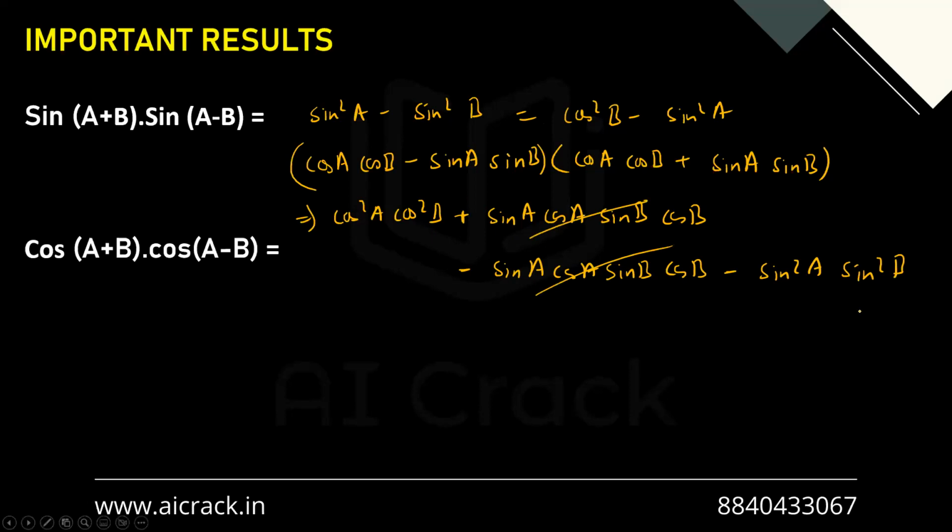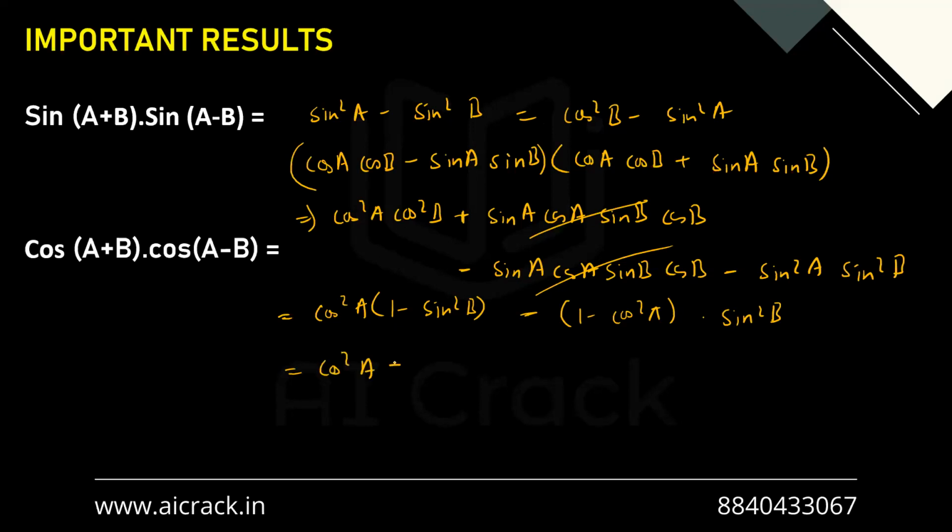So again this middle term gets cancelled out. Now we are left with cos square A cos square B minus sin square A sin square B. So what we can do over here is cos square A times 1 minus sin square B, minus, you can convert this into 1 minus cos square A dot sin square B. So now we are left with cos square A minus cos square A sin square B minus sin square B plus sin square B cos square A. So this term and this term again get cancelled out.